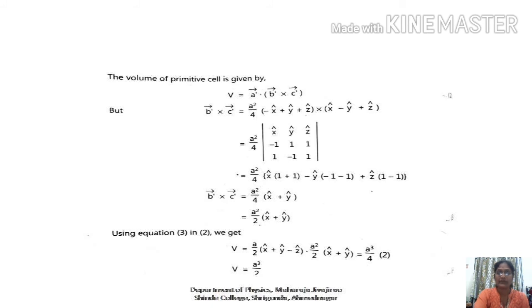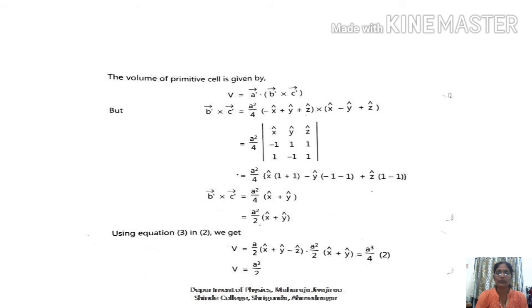We know that 1 minus 1 is equal to 0, therefore the z term vanishes. So a square by 4 into bracket twice of x cap plus twice of y cap. Taking 2 common, you will get a square by 4 into 2 into x cap plus y cap. Dividing 4 by 2, you will get a square by 2 into x cap plus y cap. This is the value of B dash cross C dash.